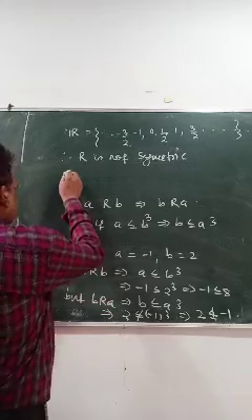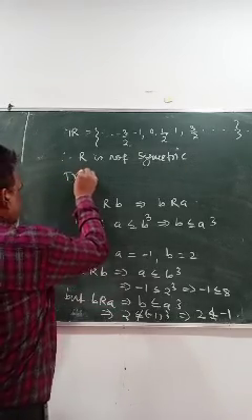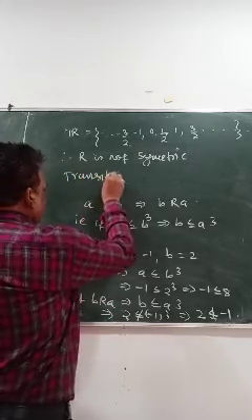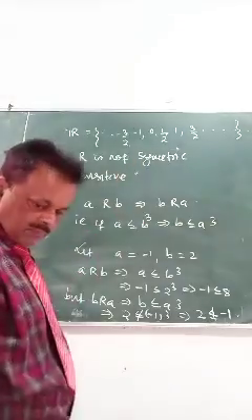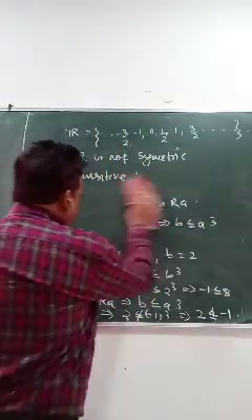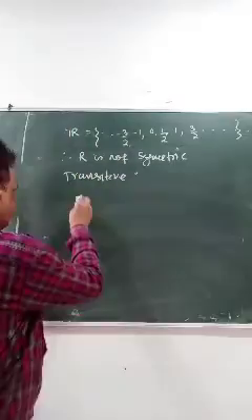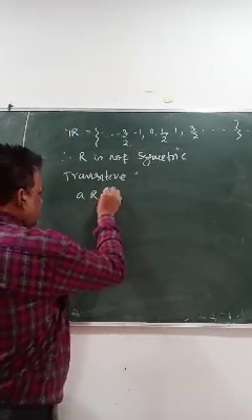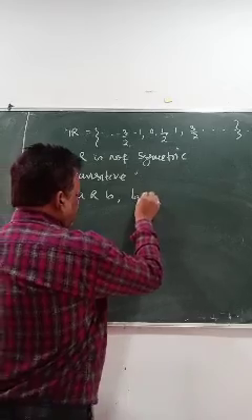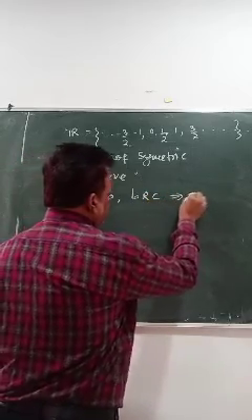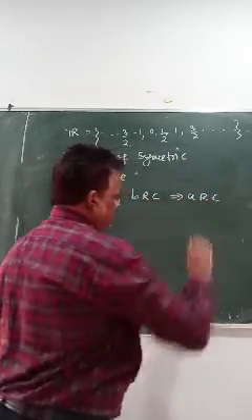Pick up some particular elements for transitive. For transitive, what you have to show is: A relates B, B relates C, implies A relates C.